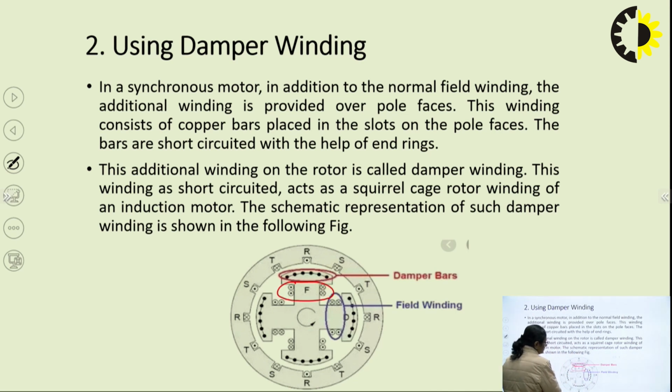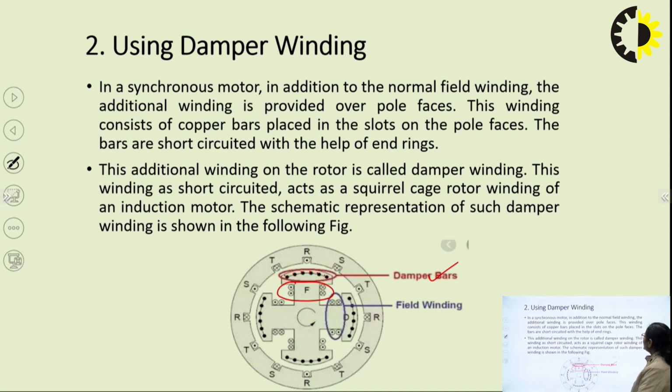In addition to the DC field winding, another winding is provided over the pole faces of the machine. This winding is said to be the damper winding or damper bars. Damper winding is actually just like the squirrel cage winding of a three-phase induction motor, right?